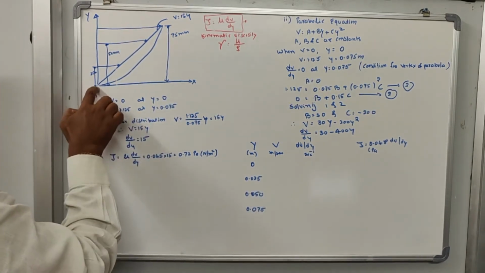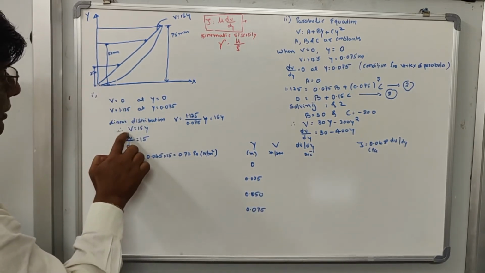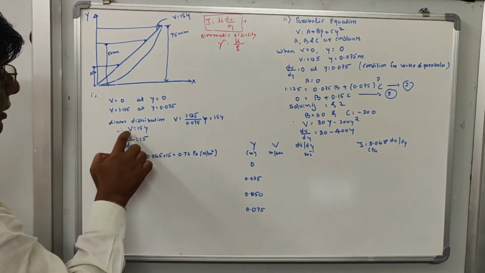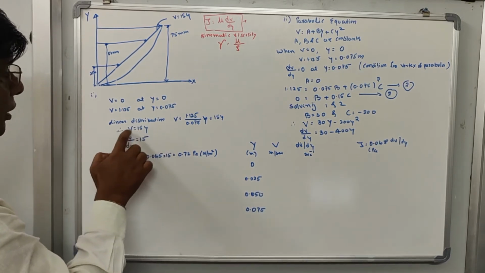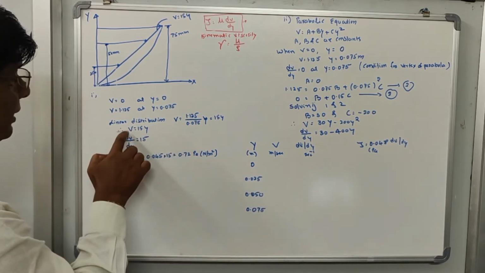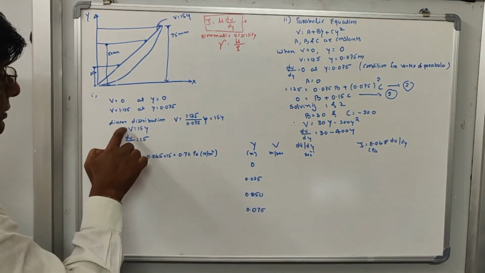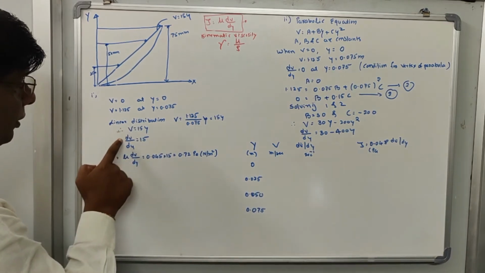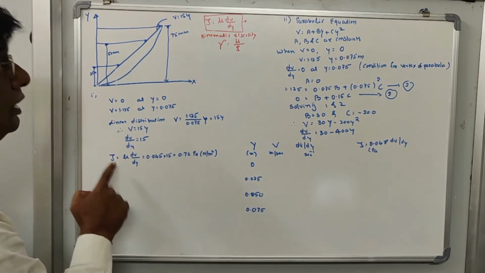Using these two conditions, the relation between v and y, the variation of v with respect to y, is v equal to 15y. Now to know the variation, you take the differentiation of this, the total derivative, because v is a function of y only. When the function is dependent on only one single variable, you take the total derivative. So I have written here dv by dy is equal to 15, so tau is equal to this.